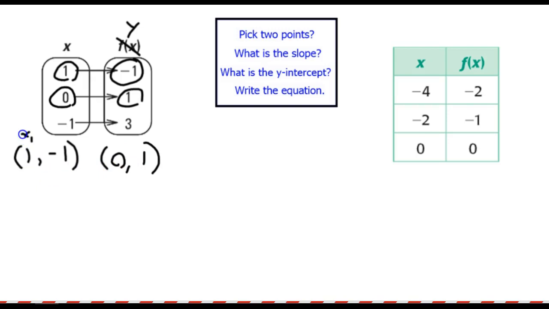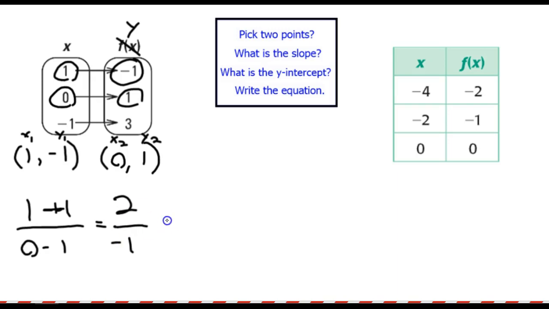So here we have our x1, y1, x2, y2. y2 is 1 minus a negative 1 over 0 minus 1. Make that a plus. 1 plus 1 is 2. 0 minus 1 is negative 1. So our slope then is negative 2.